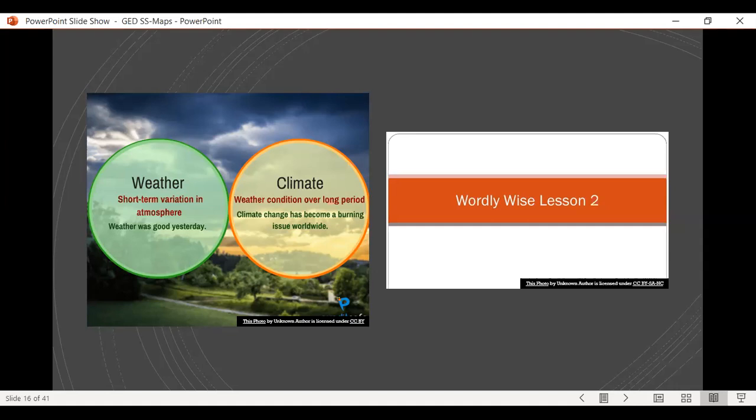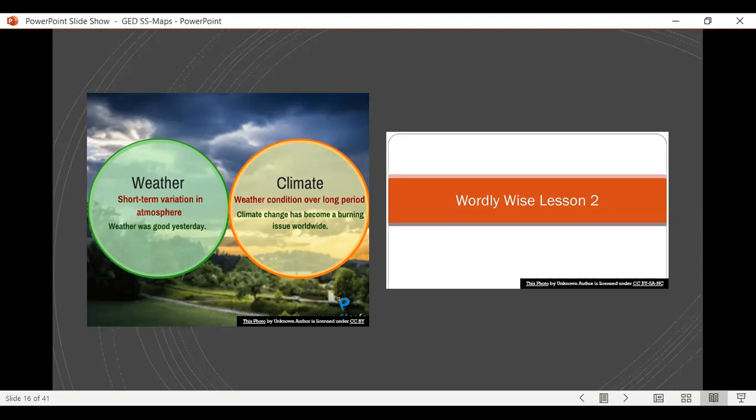A climograph. Okay, so anyway, we're going to start off right here, where this tells you exactly the difference between weather and climate. Weather is that short-term variation, like yesterday it was raining, today it's sunny, tomorrow's supposed to be hot. That gives you an idea of what the weather is going to be on a daily basis. But climate is something that's more of a long term.